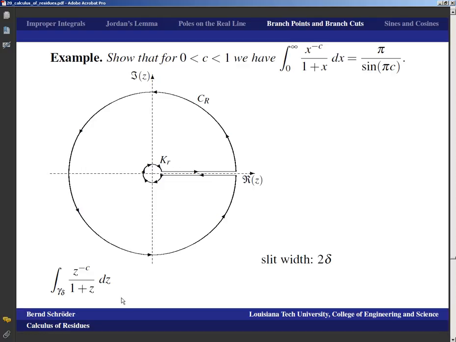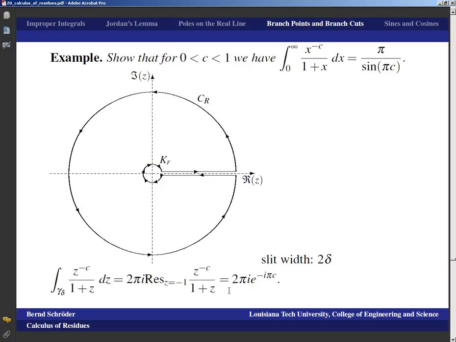And if I then integrate over this whole contour, which depends on delta, which is why I wanted to call it gamma delta, if I integrate z to the negative c over 1 plus z, well, that's 2 pi i times the residue at z equals negative 1 of this function, because that's the only singularity, and that's a simple pole, which means this is 2 pi i e to the negative i pi c.